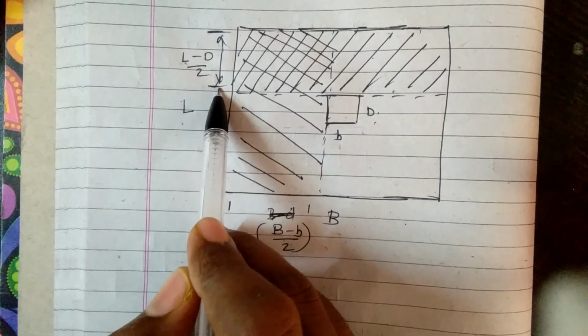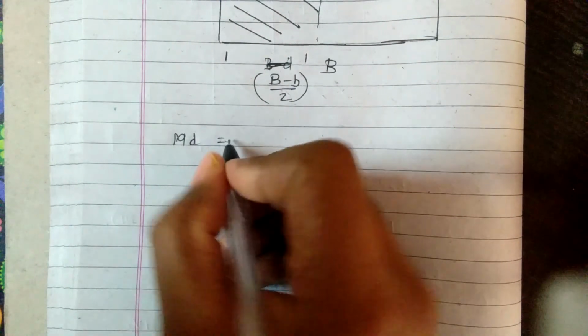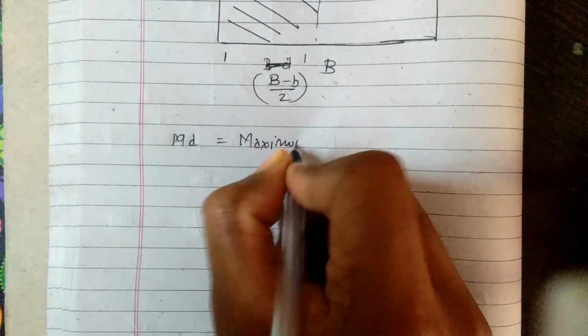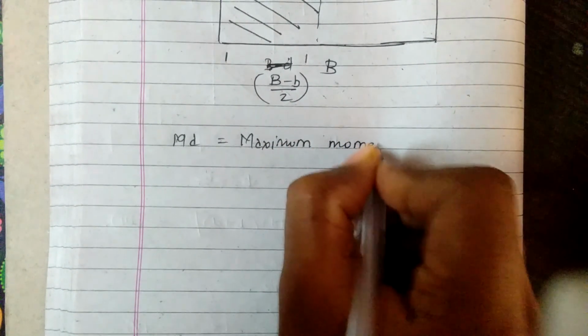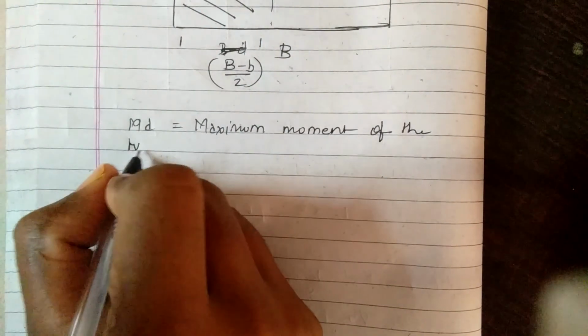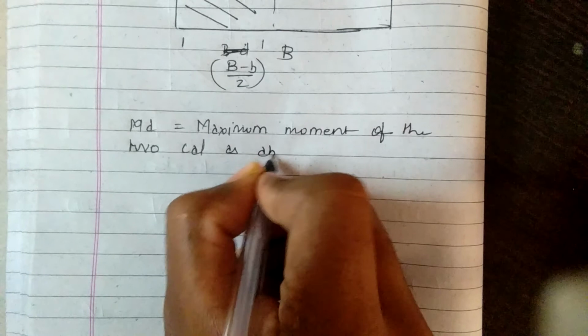Okay, now the bending moment, MD, is equal to the maximum moment of the two calculations as above.